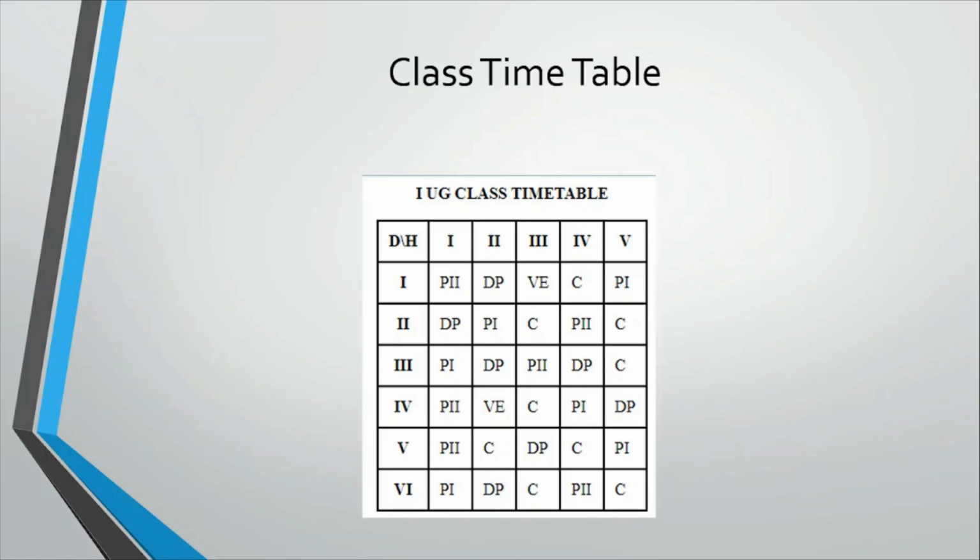Day order one, first hour, second hour, third hour, fourth hour, fifth hour, and up to six day orders. So we are going to design a timetable in this way. Inside the hours, we have to place Part 2, Part 1, CRD, PR, value education, in this order.